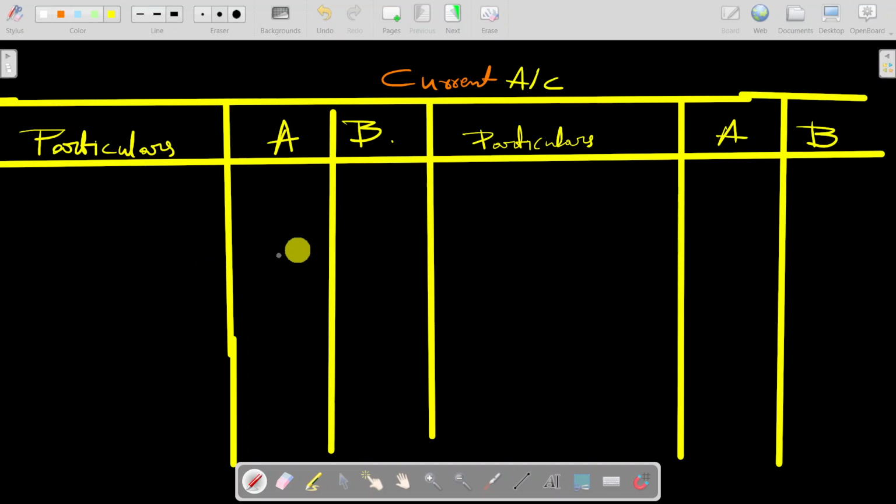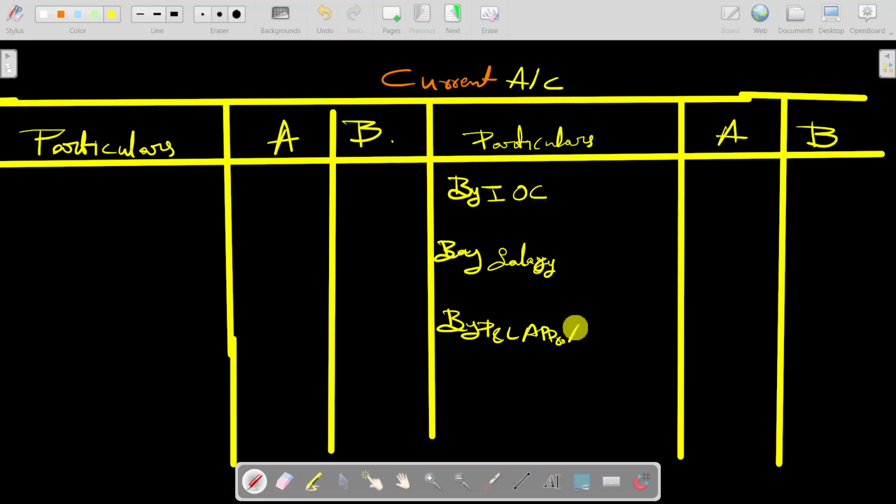On the credit side, first of all, by interest on capital, by salary, by P&L appropriation account, which is the net divisible profit.